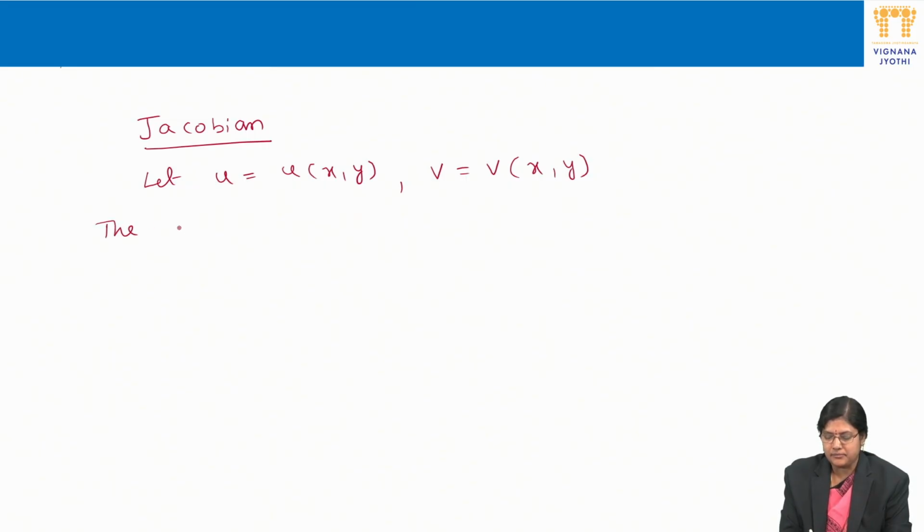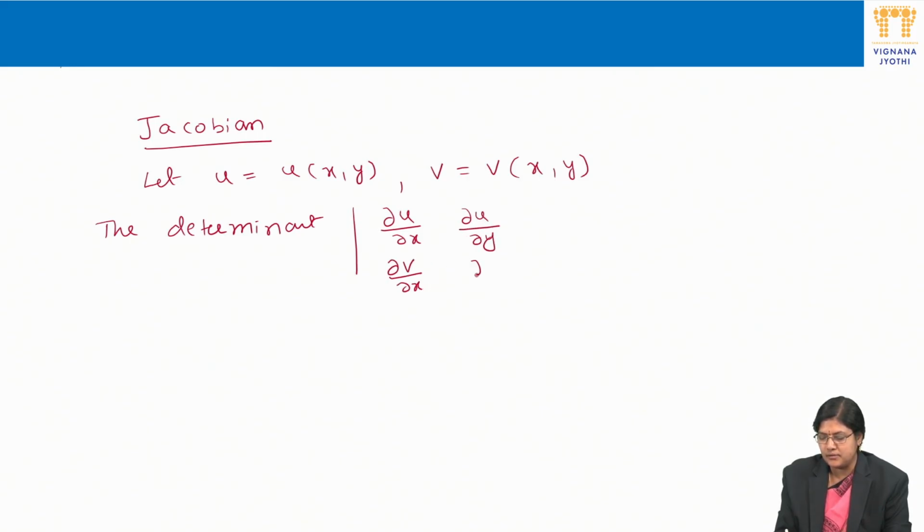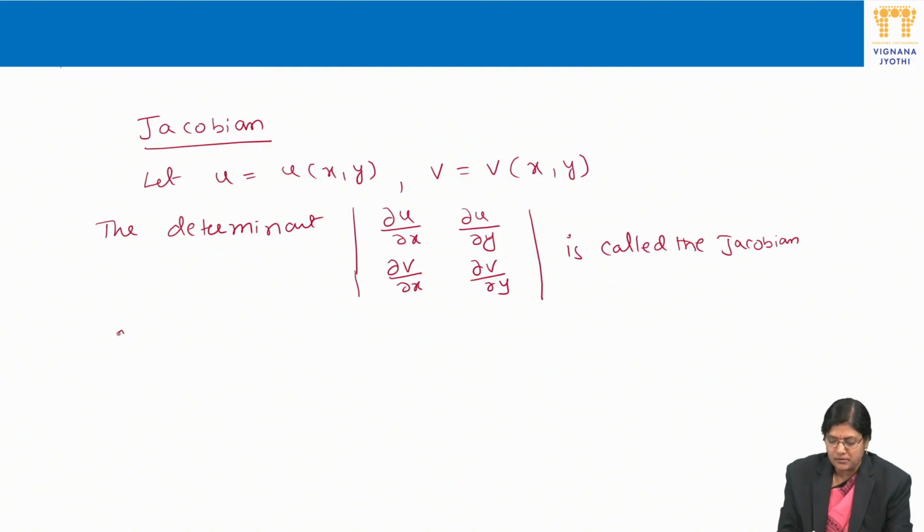The determinant with entries dou u by dou x, dou u by dou y, dou v by dou x, dou v by dou y is called the Jacobian determinant of u comma v with respect to x comma y.